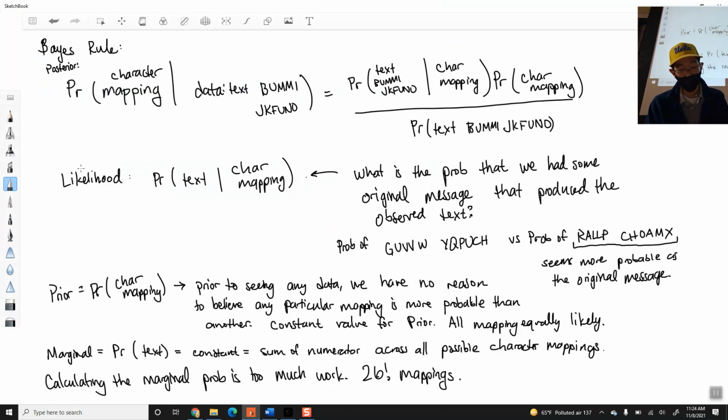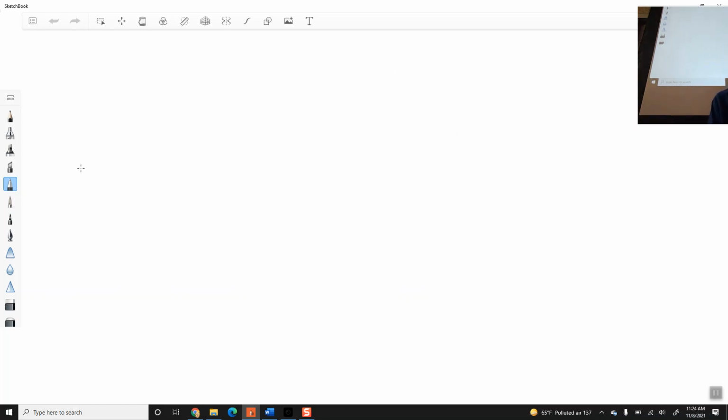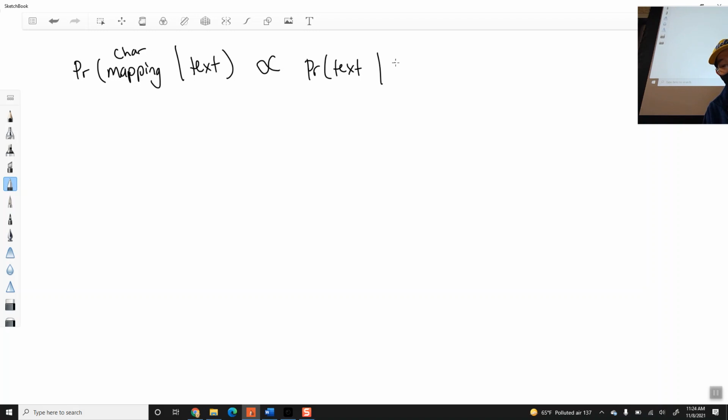26 factorial possible mappings, we're not going to figure that out. But what we have is that the probability of the character mapping given the text is proportional to the probability of the text given some character mapping times the probability of the character mapping. And we said this is a constant.